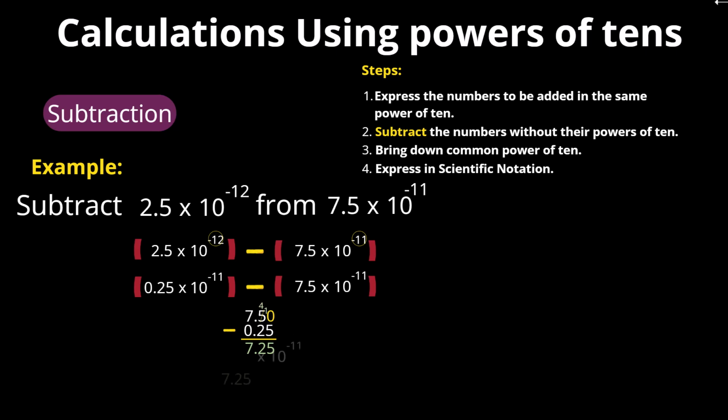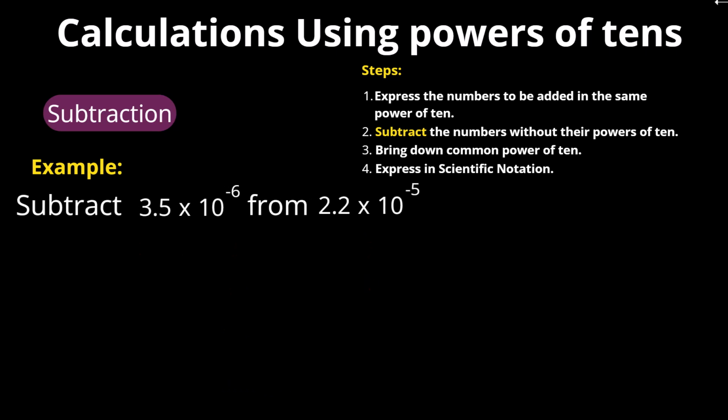Next, having our answer, we bring down the common power. As you see, this number is already expressed in scientific notation, decimal and 1 digit to the left. So our final answer is 7.25 times 10 to the negative 11th power. Now, once again, you can pause this video and work the next problem.